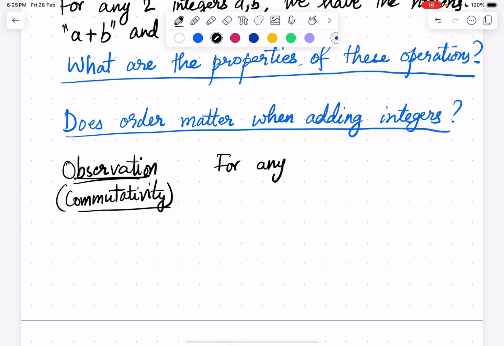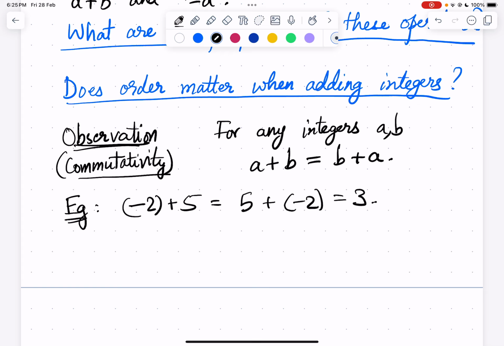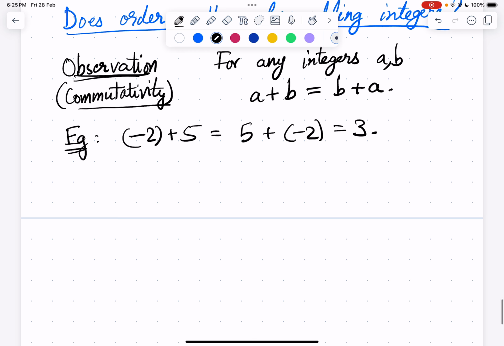For any integers a, b, we have a plus b equals b plus a. For example, minus 2 plus 5 equals 5 plus minus 2 equals 3. So minus 2 plus 5 means we start at minus 2 and take 5 steps.